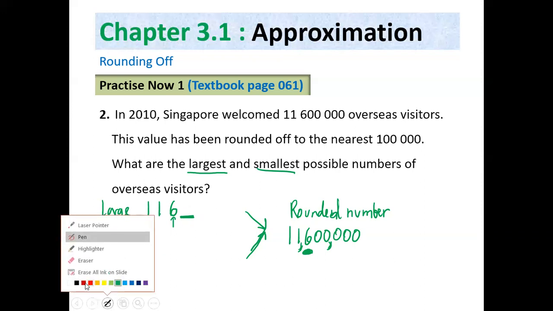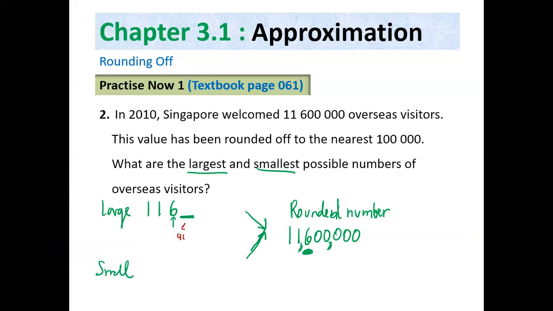How come it's 4 or below? It has to be rounded and make the 6 stay there. The question is the largest, but the 6 stays. So it's supposed to be 4 and then 9, right? And then you can maximize the number.